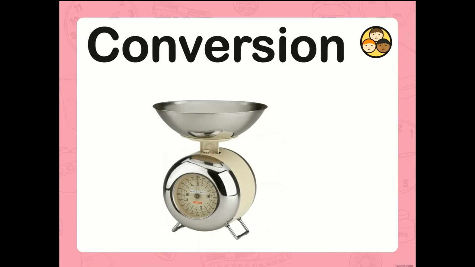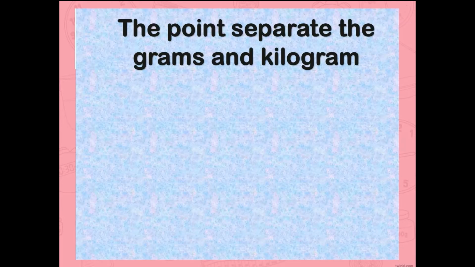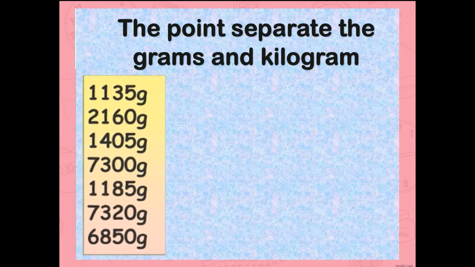Let's move towards conversion. Dear students, we can see there are different ways to write or convert grams and kilograms. I have different weights here. The first one I have is 1135 grams.